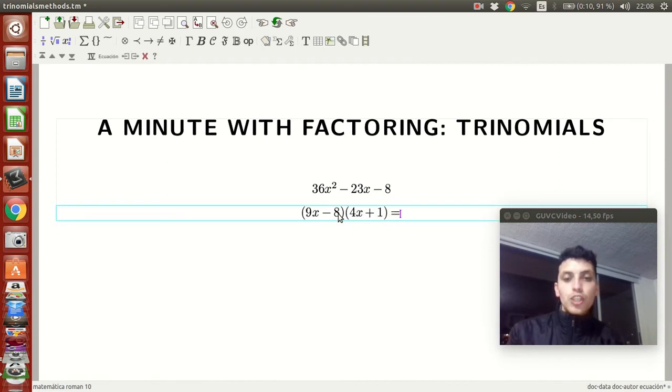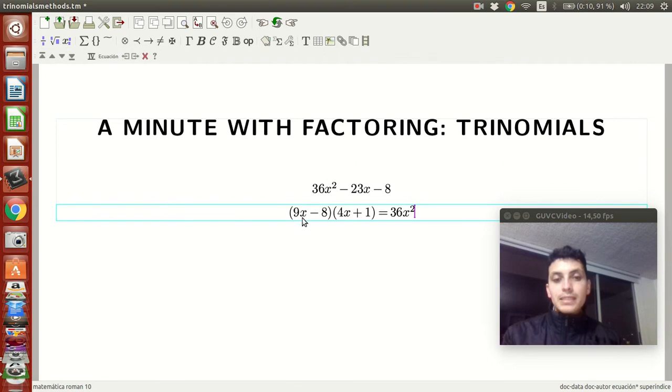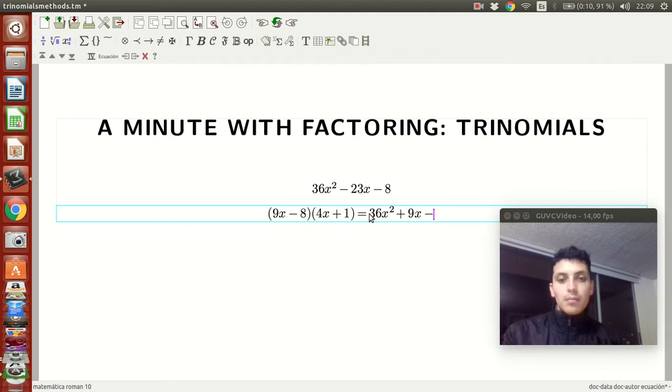Now we're going to check 9x times 4x, 36x squared. 9x times 1 is 9x, minus 8 times 4, 32x.